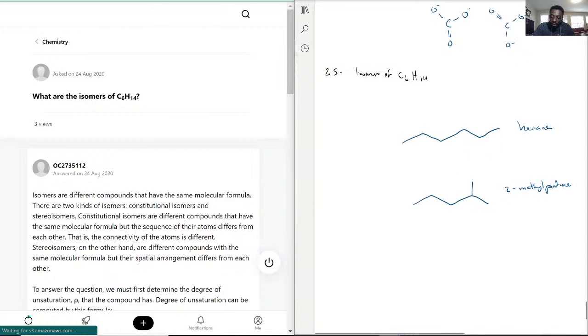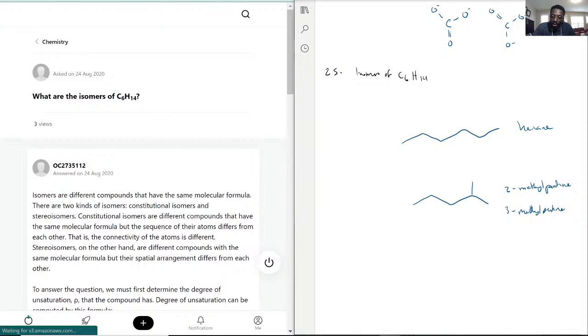You could have this, which is 3-methylpentane, and then if it went back here, it would be 2-methylpentane again, because this would be 1, 2, 3, 4, 5. So 2-methylpentane, I'm just going to add it here. You can also have 3-methylpentane. You can also have, oops, I guess you can't, because as soon as you do that, you're back to the same one.